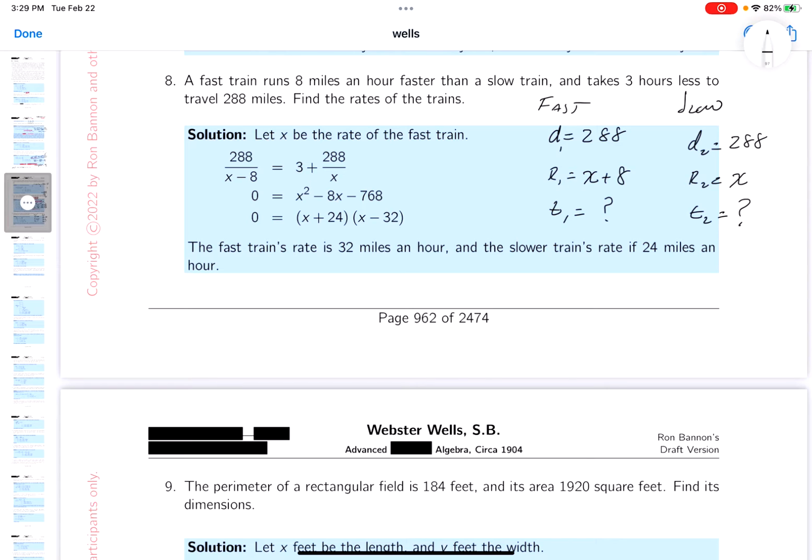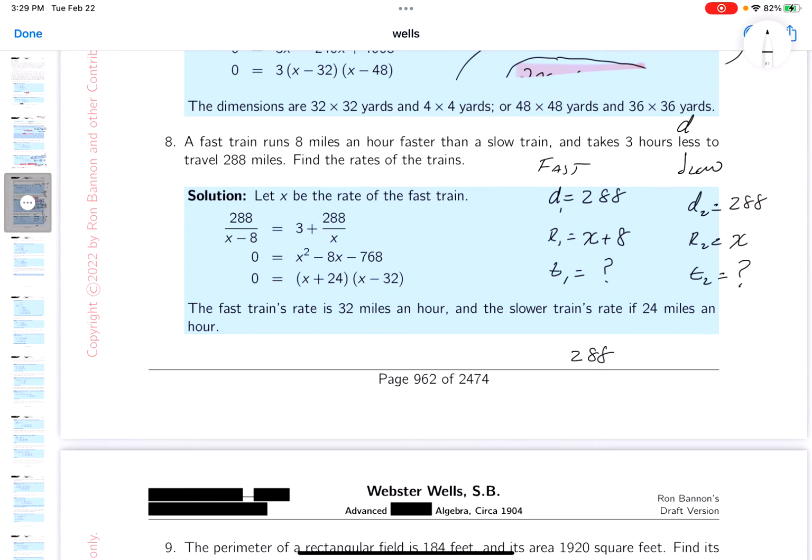The time of the fast train is going to be 288. By the way, the formula we're using is distance equals rate times time. So time would be distance divided by rate. All right? That's the time of this guy. And the time of this guy would be 288 over x.